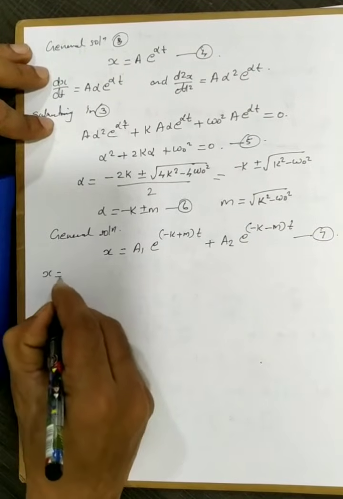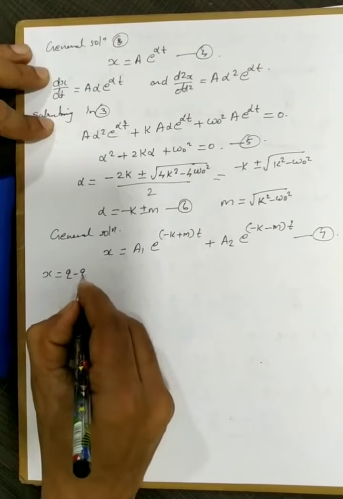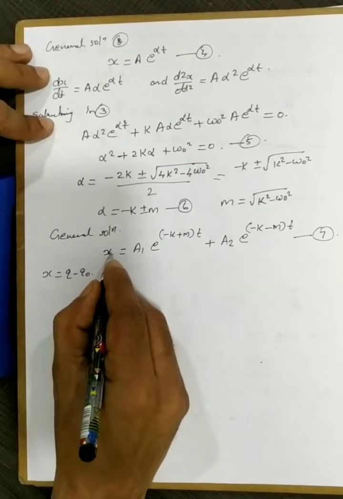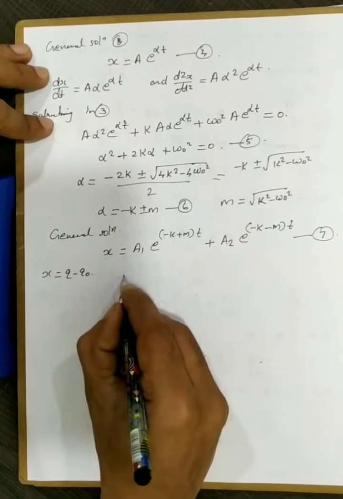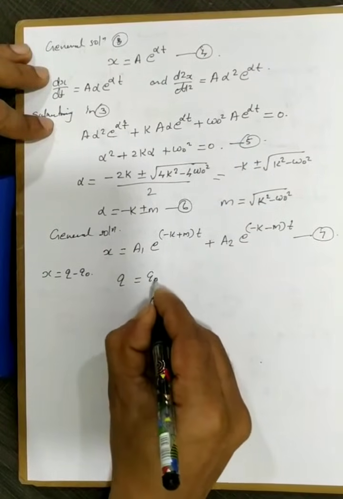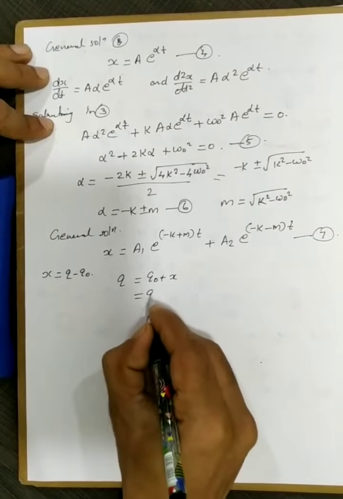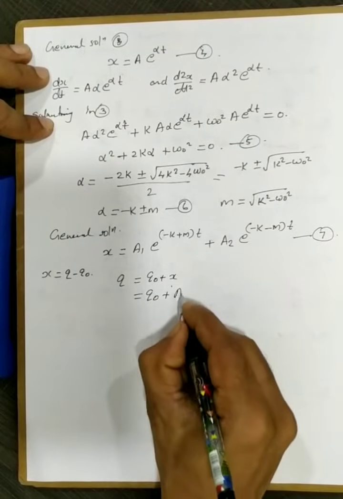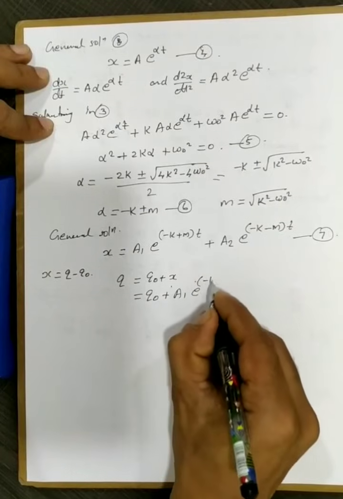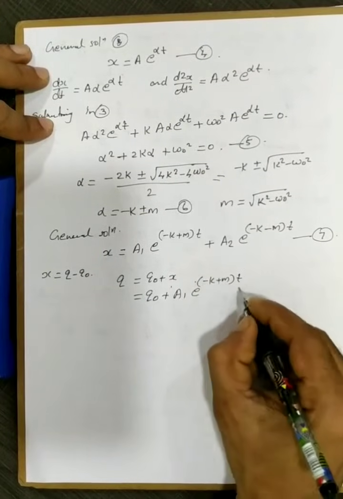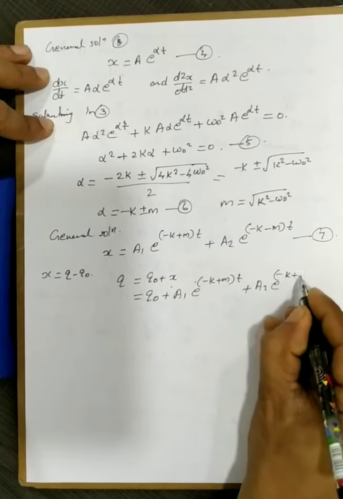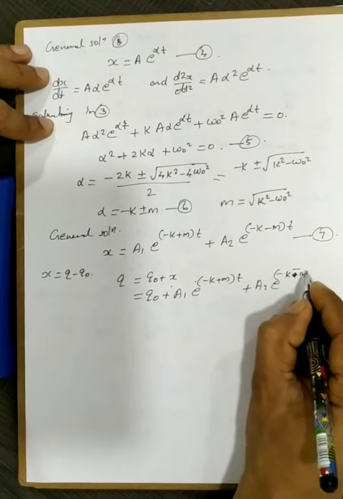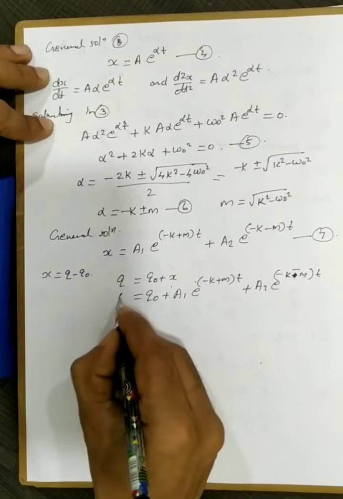But remember, we have defined x is equal to q minus q0. So let me substitute for q minus q0, x equal to q minus q0. So I can write q is equal to q0 plus x. This is equal to q0 plus x is a1 e raised to minus k plus m t plus a2 e raised to minus k minus m t.